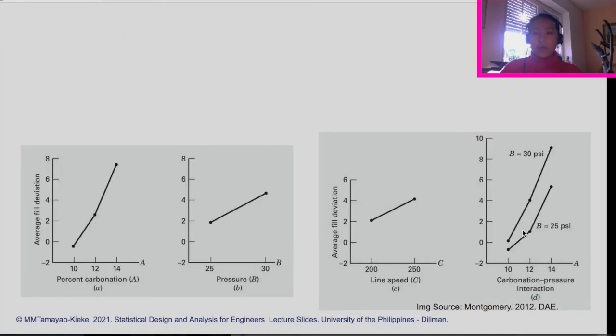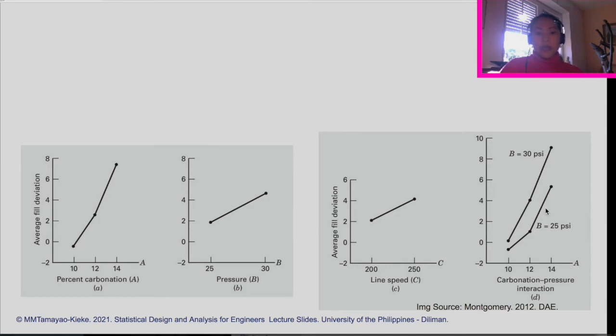Okay, now we can see on this graph that as we increase the levels of carbonation, pressure, and line speed, the average fill deviation increases. It can also be observed that the interaction of carbonation and pressure further amplifies this relationship, although not by much.